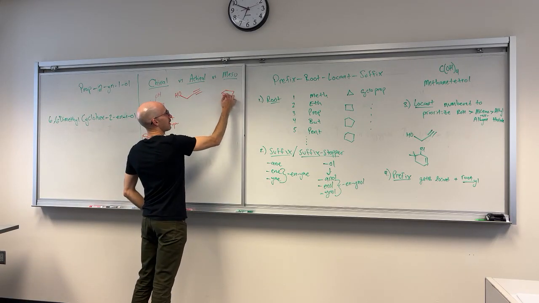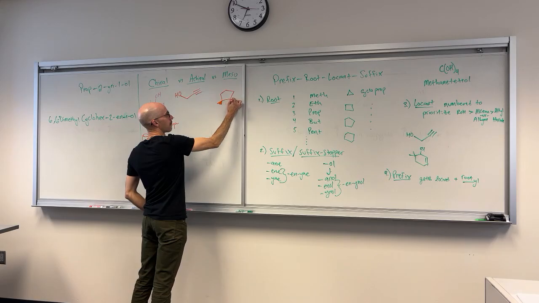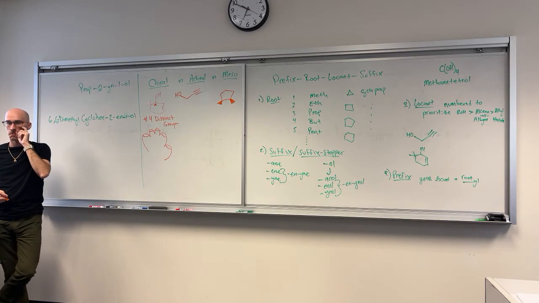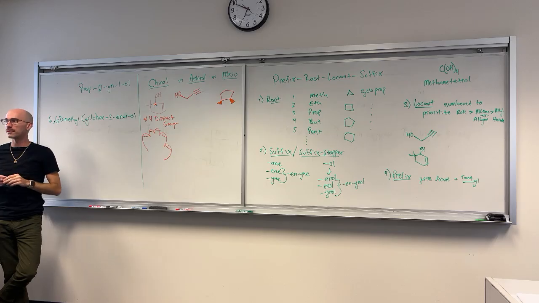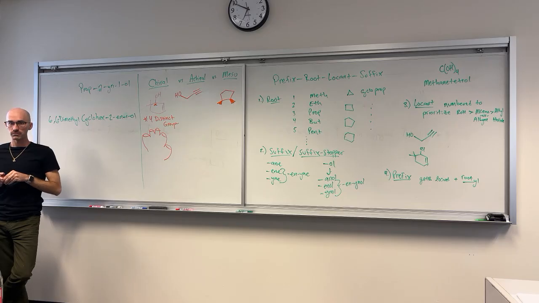So let's say cis-1,2-dimethylcyclopentane. Two chiral carbons with a plane of symmetry reflecting them. Trans-1,2-dimethylcyclopentane becomes chiral.